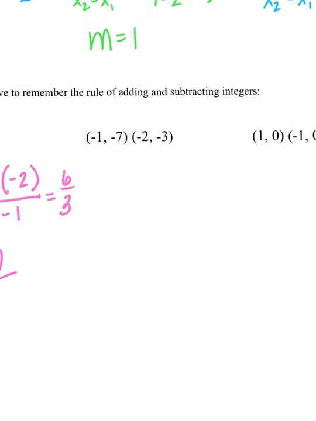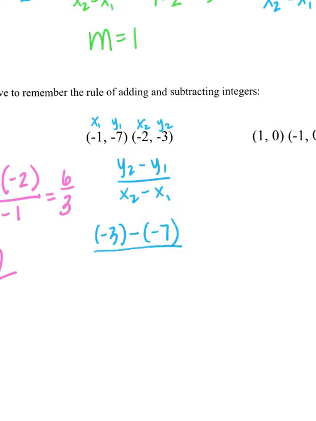Okay, so again, X1, Y1, X2, Y2, Y2 minus Y1, X2 minus X1. I'm going to use parentheses every single time I have a negative. So I'm going to have negative 3 minus parentheses negative 7 over negative 2 minus parentheses negative 1.